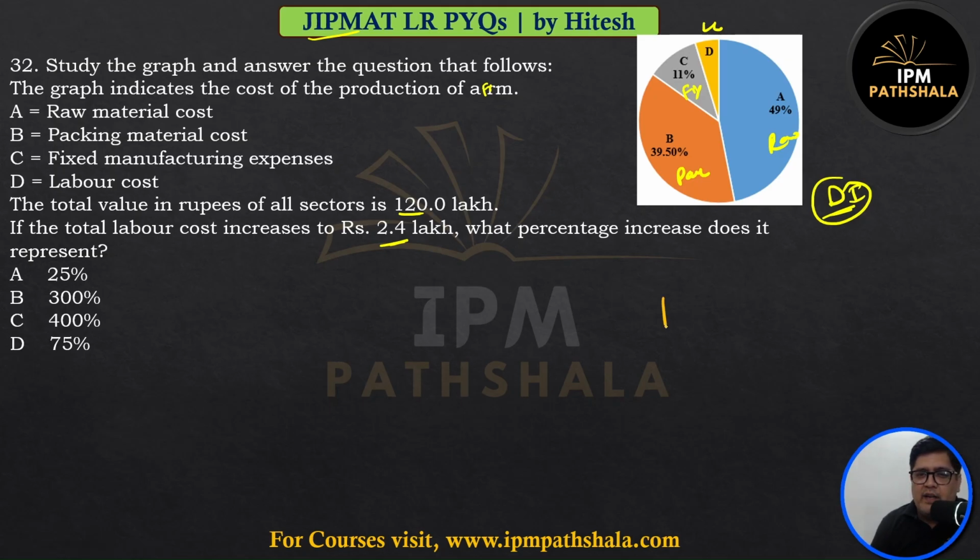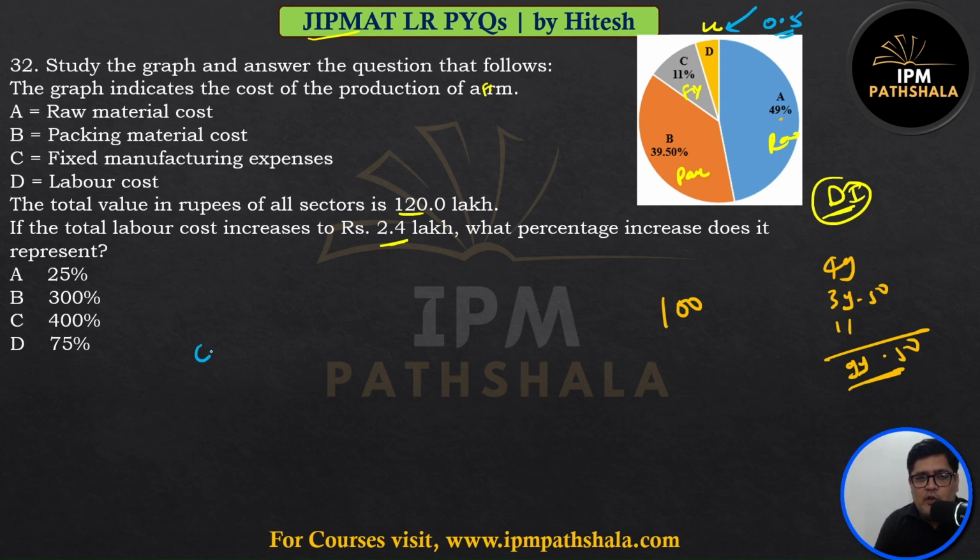Total graph should be 100%. This is 49%. This is 39.50%. This is 11%. When I add these, this is 60, 60, and this is 99.5%. The other three are 99.5%. That means labor cost must be 0.5%.